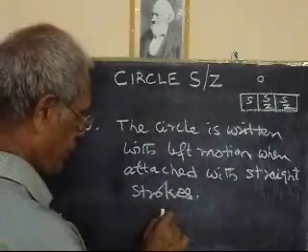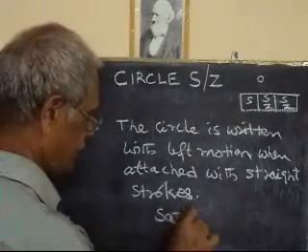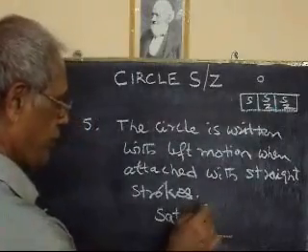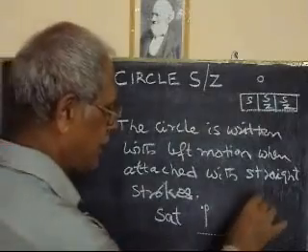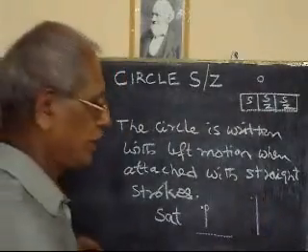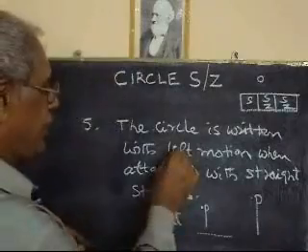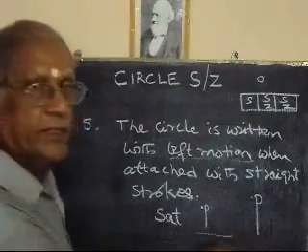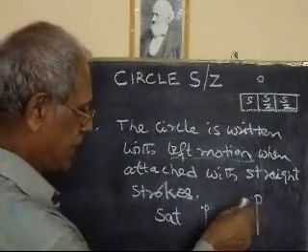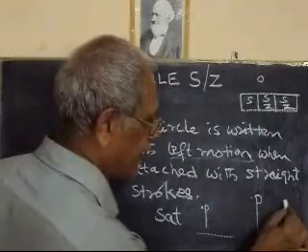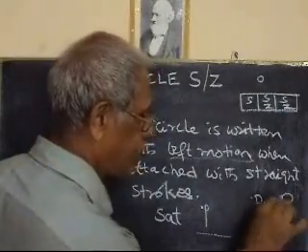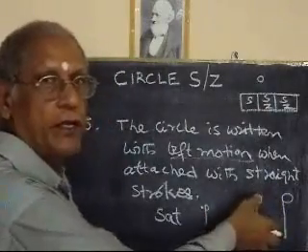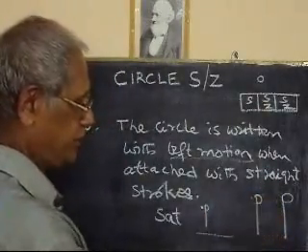Example, sad. Now with left motion, when attached to straight strokes. Sad. We will have to write like this, not a big circle, a small circle. I am showing the method of writing the circle.